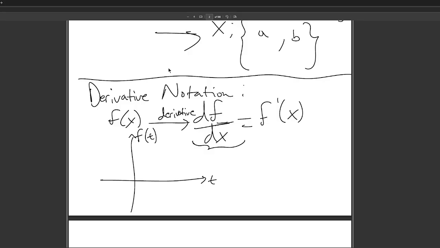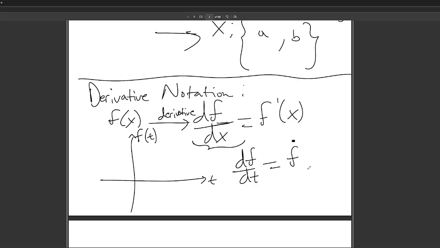And if I'm differentiating that, df dt is the way I would represent that. It's the same as saying f dot. When you see a dot on top, that just means it's the time derivative of f. If you see two dots, that just means it's the second derivative, and so on.